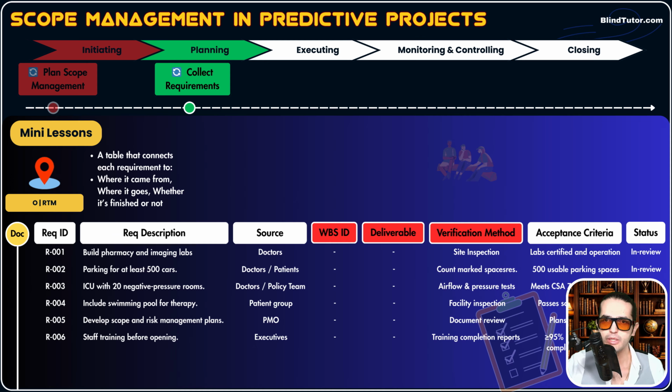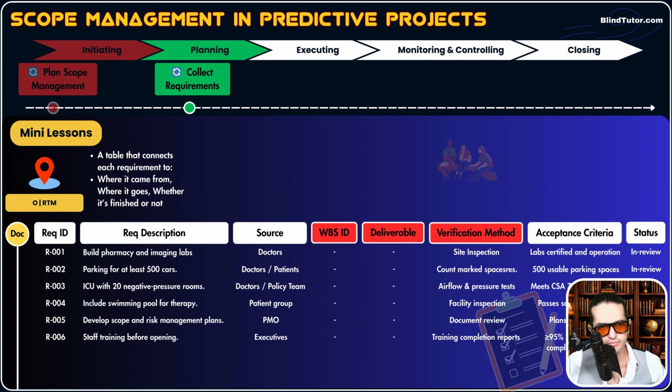For example, when we do process number 4 of scope, which is create WBS, we're going to fill out the WBS ID column of RTM. Or when we do process number 3, which is define scope, we're going to fill out the deliverable column of RTM. And the verification method could be filled out right now, just in this process.